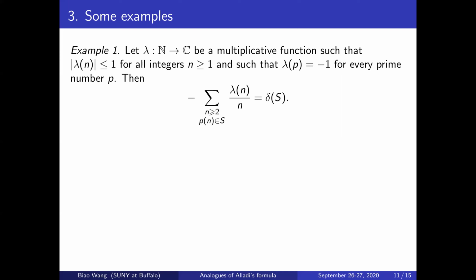Then we can get the following Alladi's formula. By the way, I call all the results, also all the formulas before, an Alladi's formula.